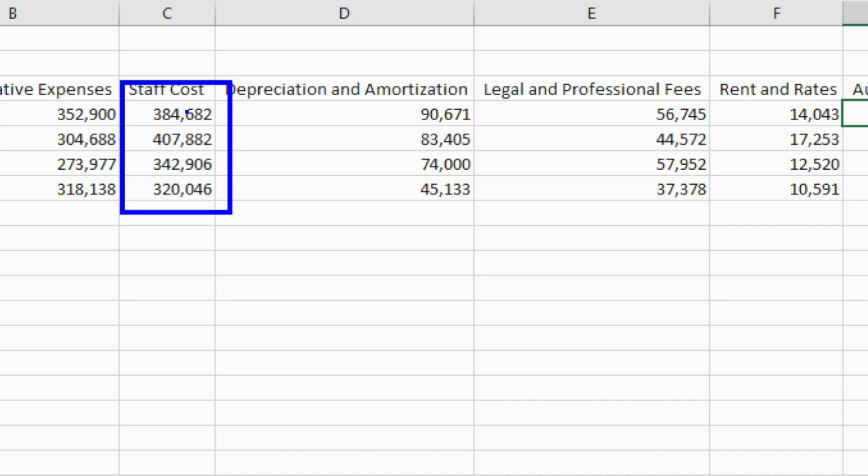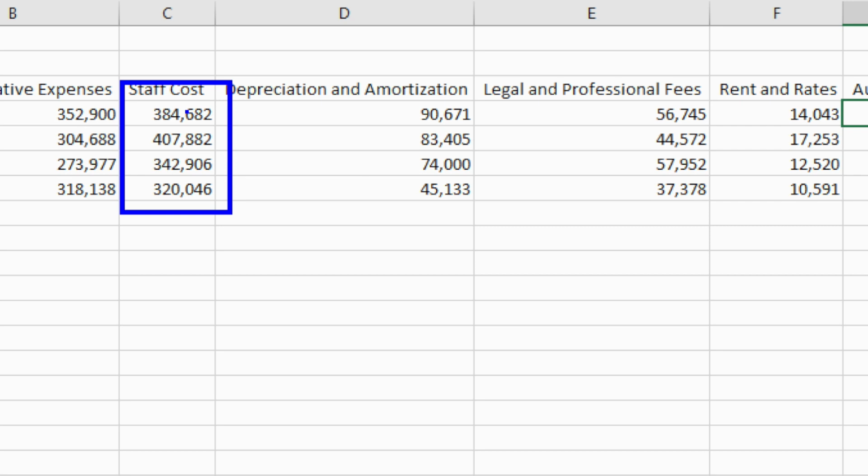Okay, we could see that rent and rates dropped from 2020 to 2023. So in 2020 it was 17,253.